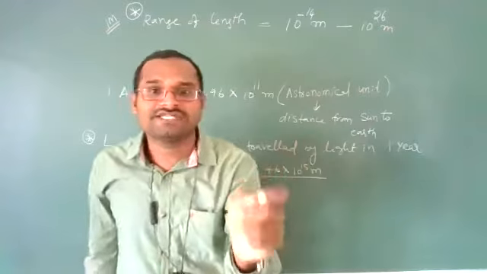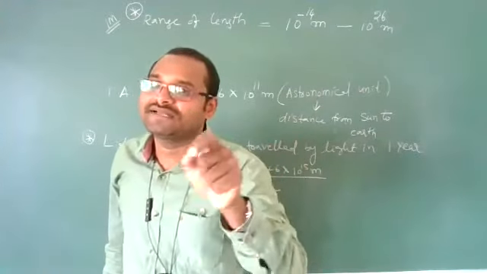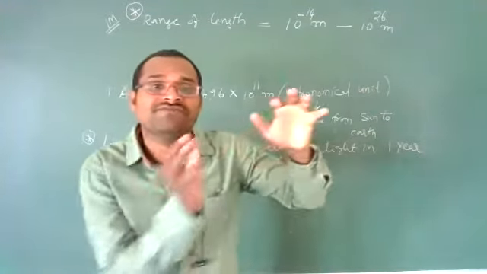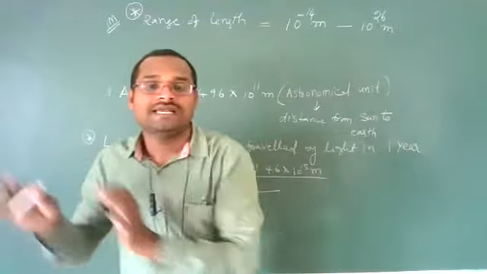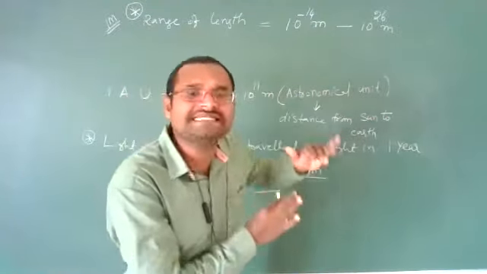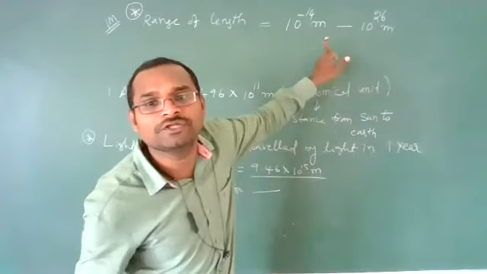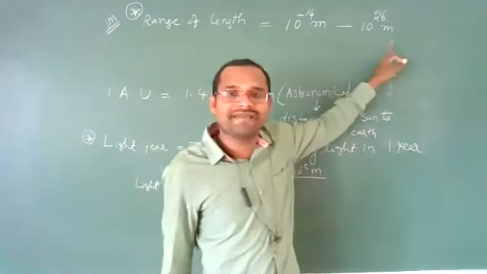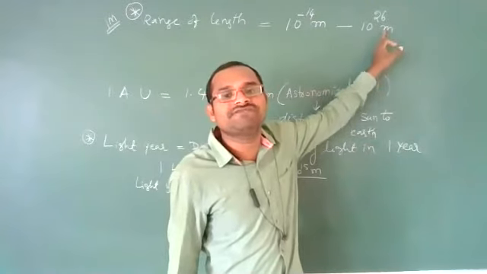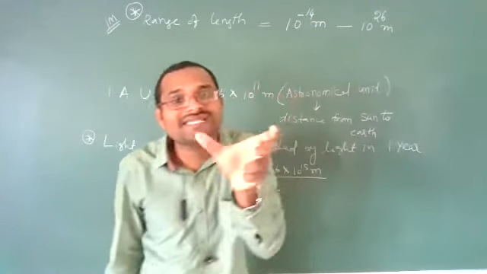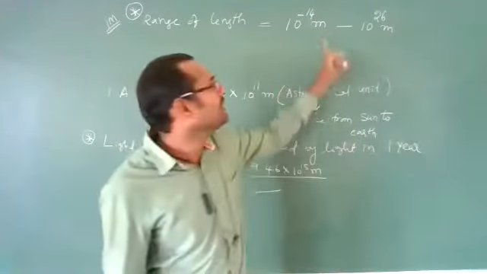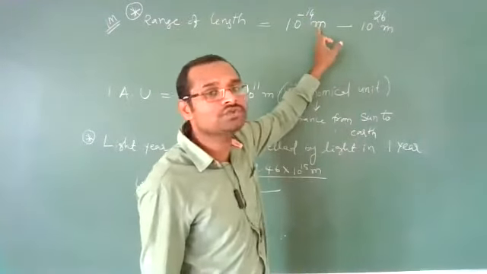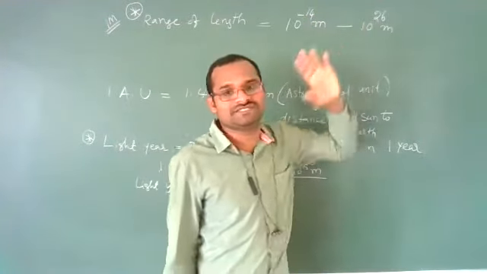If anybody asks what is the range of length, you should say the minimum value and the maximum value. The smallest measurement of length is 10 to the power of minus 14 meters, and the maximum value is 10 to the power of 26 meters. So the range lies between 10 to the power of minus 14 meters and 10 to the power of 26 meters.